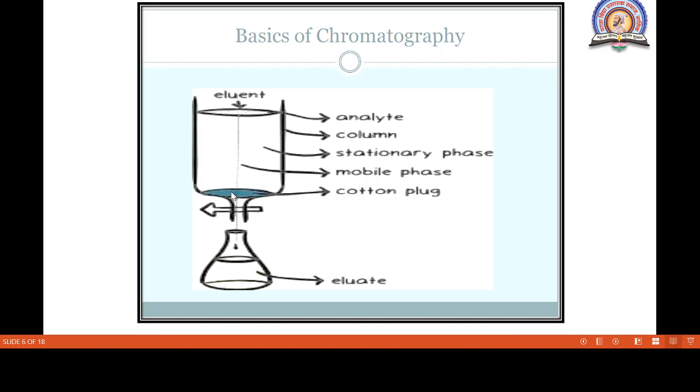At the bottom we place cotton. The analyte, meaning our mixture which we separate, is introduced from the top of the column, and when we introduce the analyte and the solvent from the top of the column, due to gravity it goes in the downward direction and we get a separation of the components, that is called the eluent.